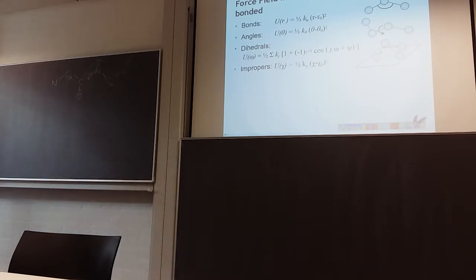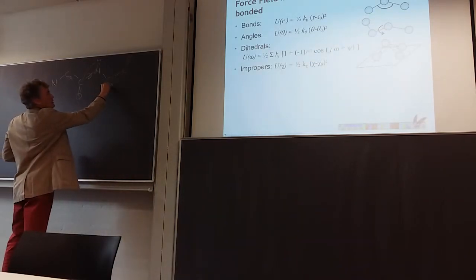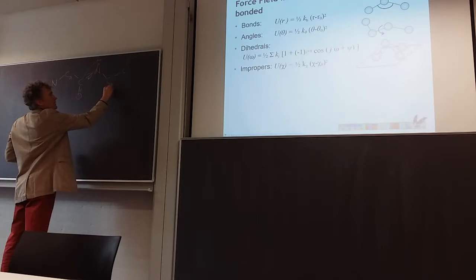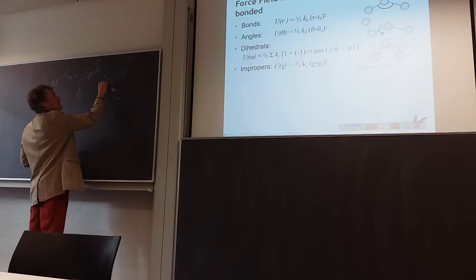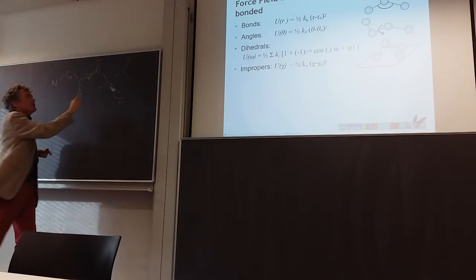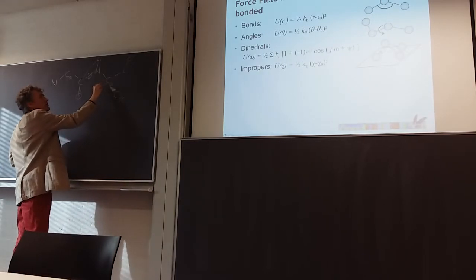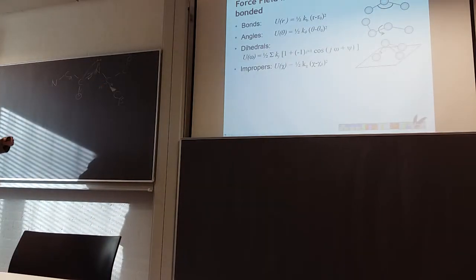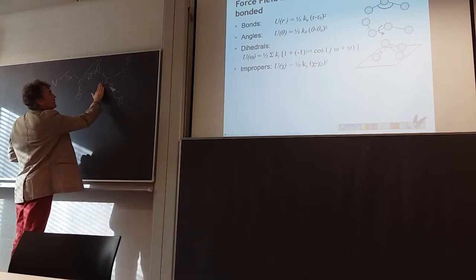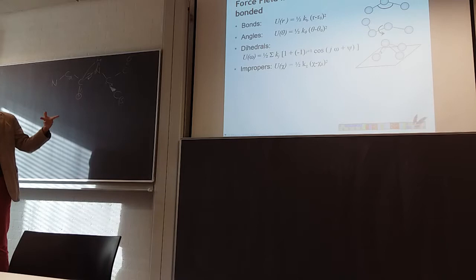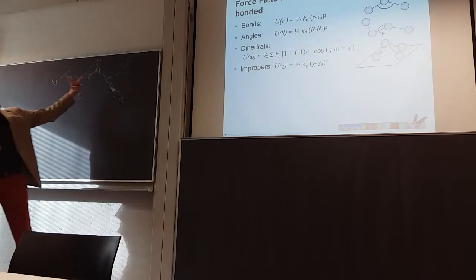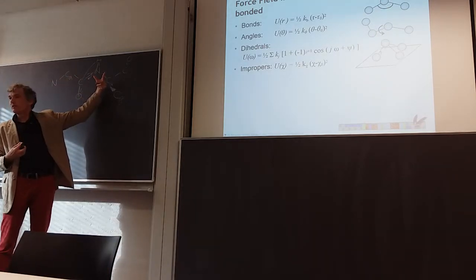But you also have things like this C alpha, because if this is an alanine or a bigger residue, you have the C beta here, and then the hydrogen at the back. The hydrogens are usually not included in the simulation. So then you need a potential that keeps these 4 atoms out of the plane in the right angle.